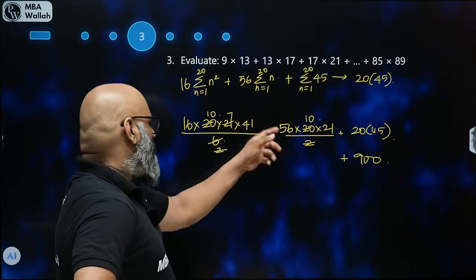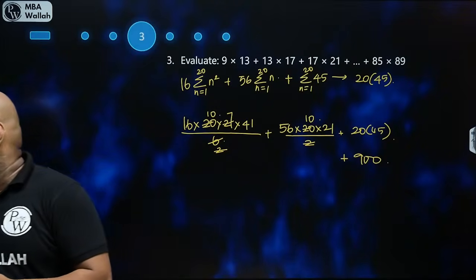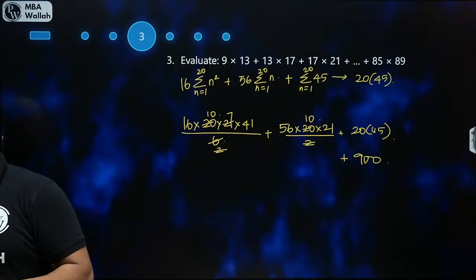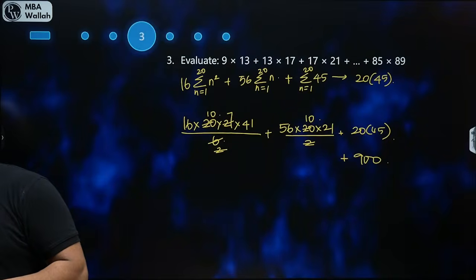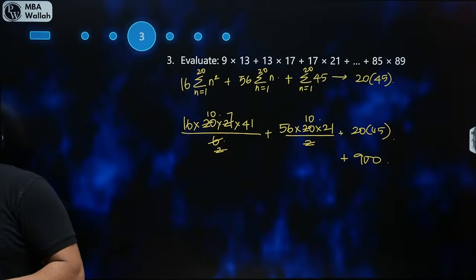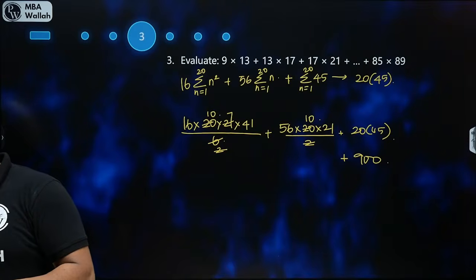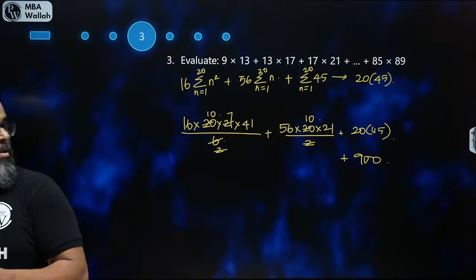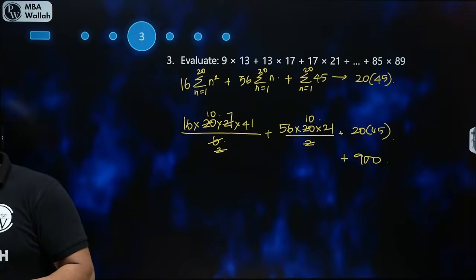This is 210 into 56. Can someone do the math? Looking at the calculator here. Into 10 into 45920. 210 into 56.